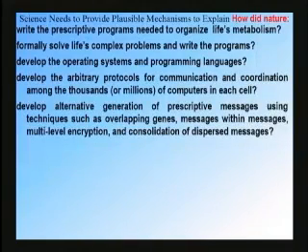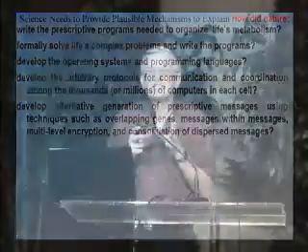How did nature develop alternative generation of prescriptive messages using techniques such as overlapping genes, messages within messages? You have coded messages, and within one set of coded messages, once you decode it, inside of that decoded message is another coded message. How did nature do that? People have a hard enough time doing that. Encryption people have a hard enough time doing that.